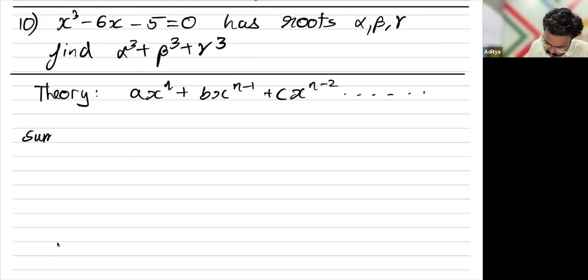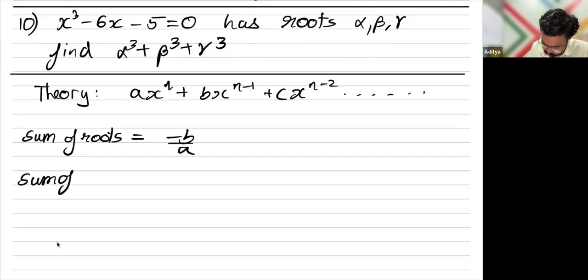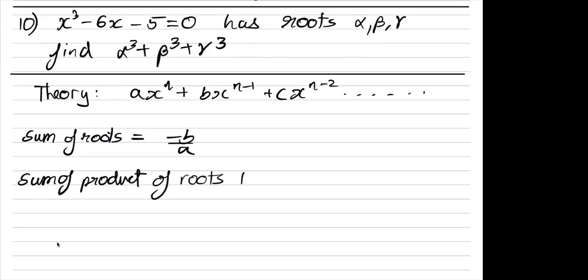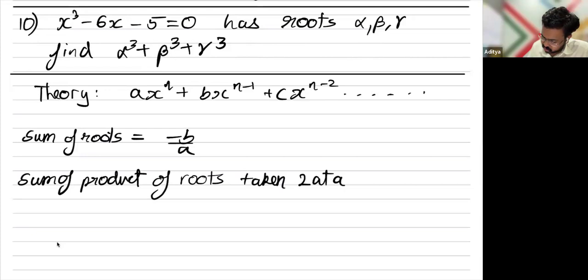So sum of roots is equal to minus b by a. Sum of product of roots taken 2 at a time is c by a.